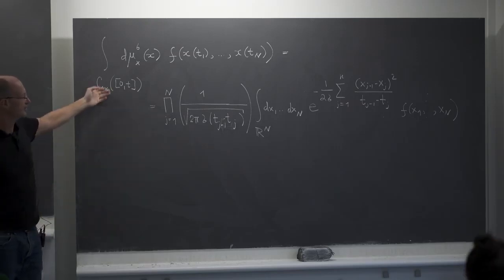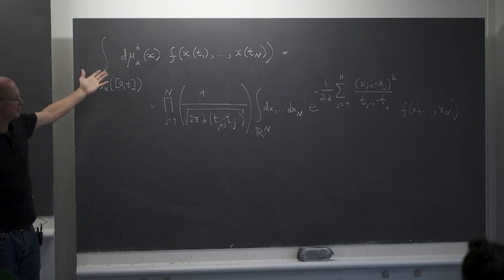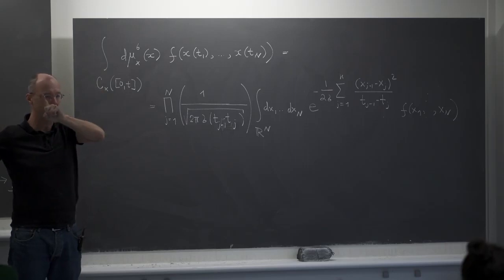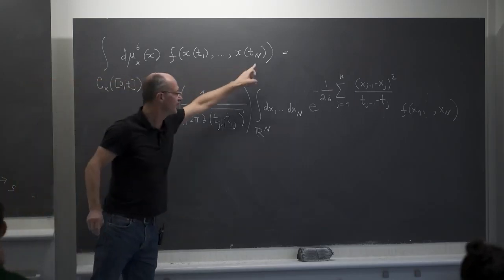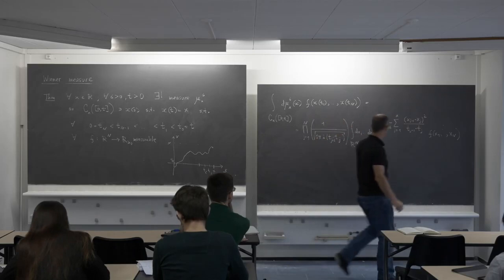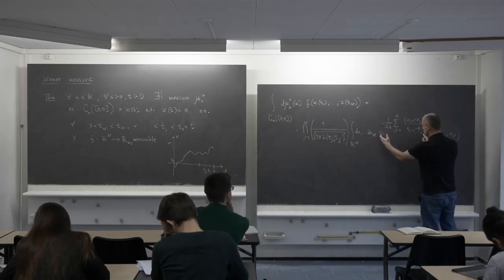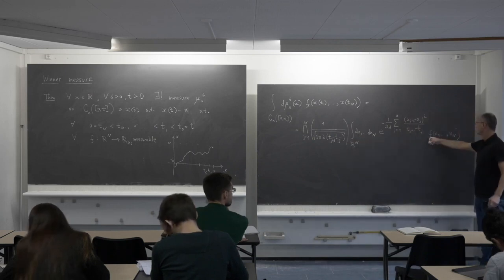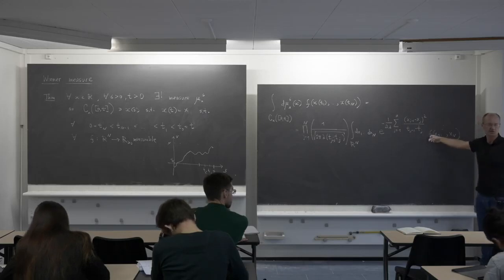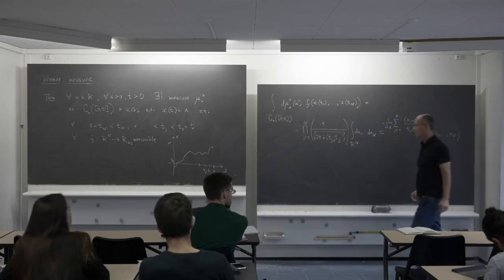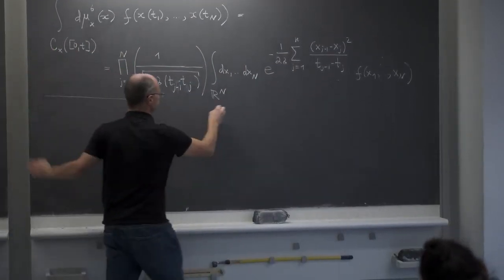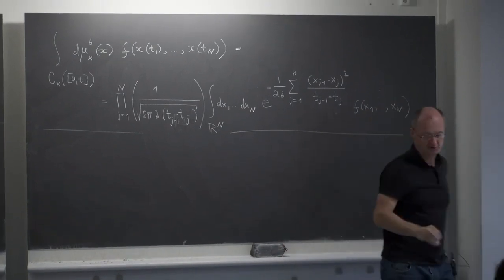And we define it by the property that we have those finite dimensional properties. We can take our path, look at what it is at some finite number of points, and for that finite number of points, here is the finite dimensional Gaussian measure, and we say that the integral should match. So that's the property which defines it.